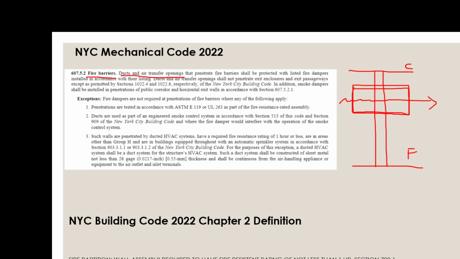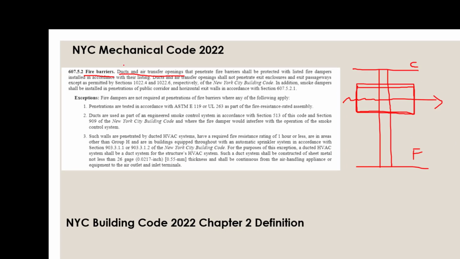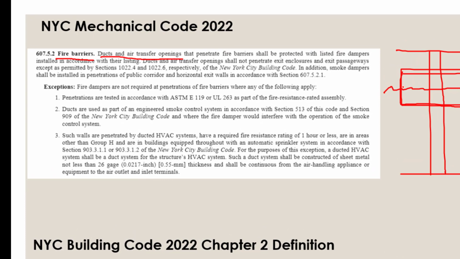So this section is just stating that ducts and air transfer openings, such as this one here, that penetrate a fire barrier need to have a listed fire damper installed. And they also mention it shall not penetrate exit enclosures and exit passageways. An exit enclosure is just an enclosed staircase.